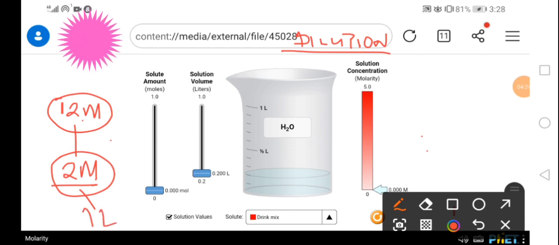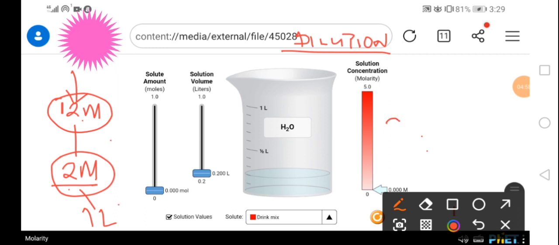Since you want to make 2 molar, and dissolve that 2 molar in 1 liter, what volume are you going to get from this container containing this reagent?